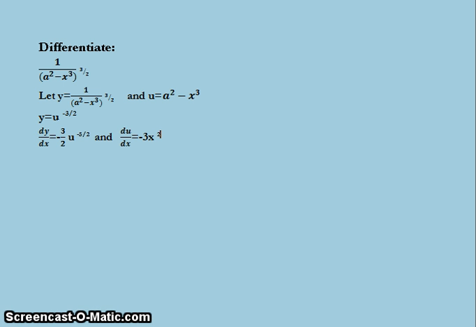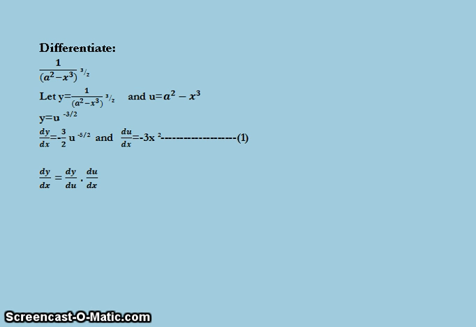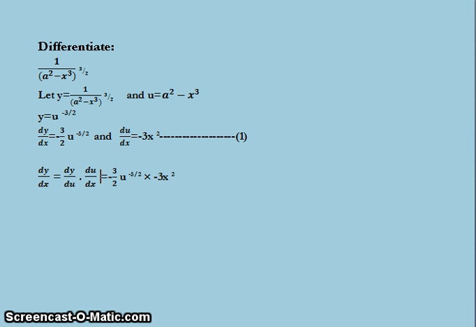As we have discussed in this lecture, dy by dx is equal to dy by du into du by dx. Now we substitute the values of dy by du and du by dx, as specified in equation number 1, which gives us dy by dx as minus 3 by 2 u to the power minus 5 by 2 into minus 3x square.